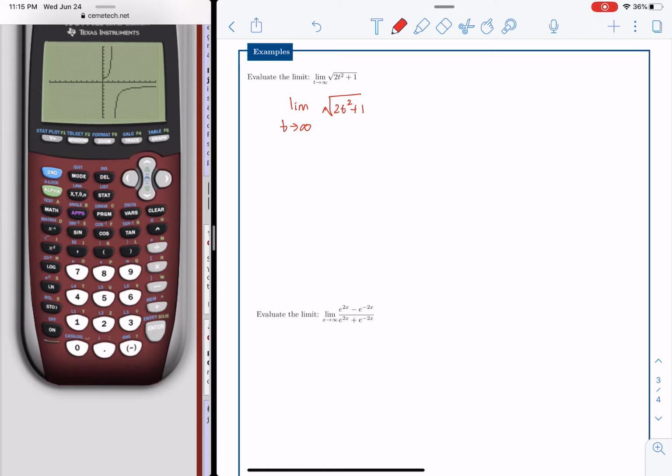As t approaches infinity, the value of 2t squared would be greater than 1. So I could approximate it and write it as the limit as t approaches infinity of the square root of 2t squared, which is simply the limit of the square root of 2 times the square root of t squared.